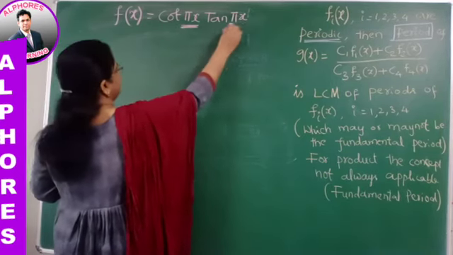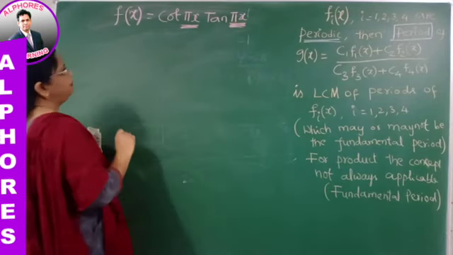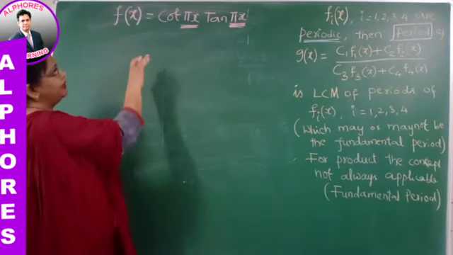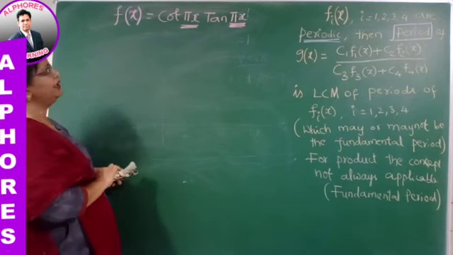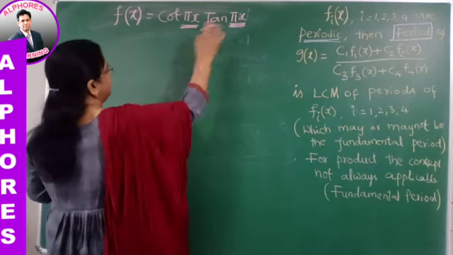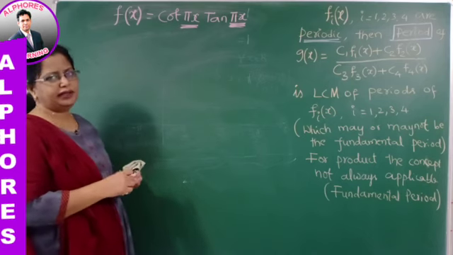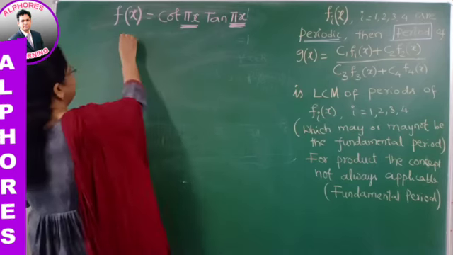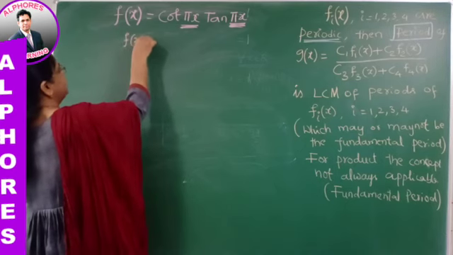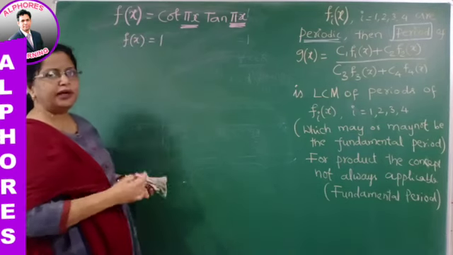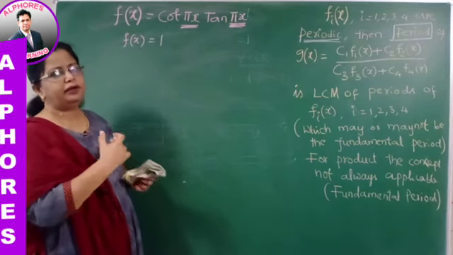This is pi, and here also pi. So if you take this value as our function, then you know clearly these two values are one and the same. Hence it is of the form cot theta into tan theta, which is 1. So clearly you know f of x is 1. Again you have to check the proper domain.